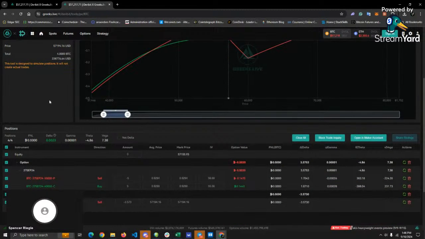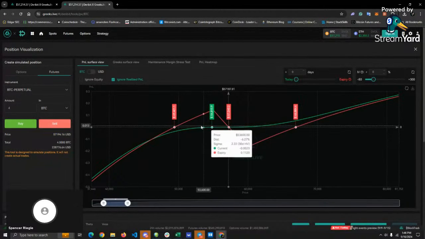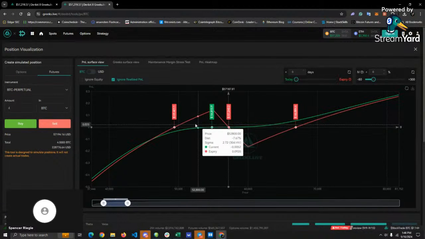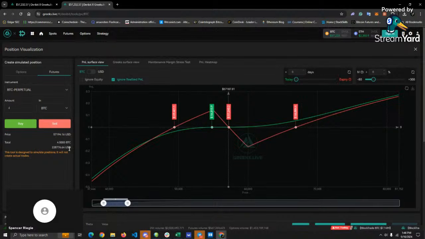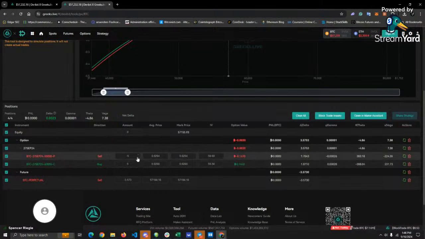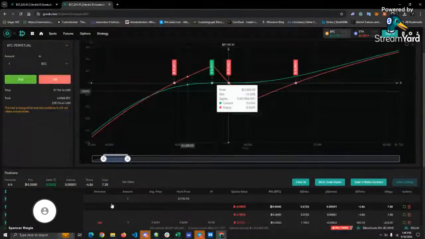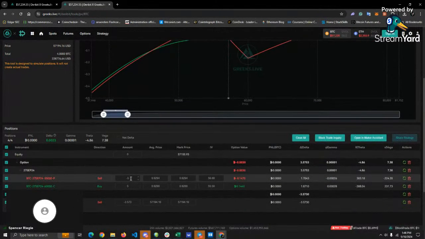So similarly here, if we were to flatten out our deltas, we can do that, and we have a relatively flat exposure. Something to note is we have 5 options on here from this risk reversal. The delta at this very moment is only negative 3.573. As we trade into these strikes we will actually pick up delta, and so they'll start to mimic a higher delta.